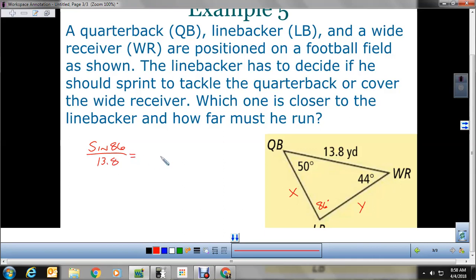We're going to set it equal to, since we're solving for x, the sine of 44 over x. Now we're going to cross multiply. Now we're going to divide by the sine of 86.